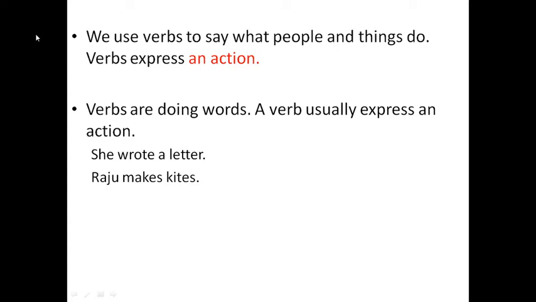Wrote is a verb, the action of writing. Raju makes kites. Makes is a verb. It expresses the action to make. She wrote a letter, to write. It expresses the action to write. So this is a verb.